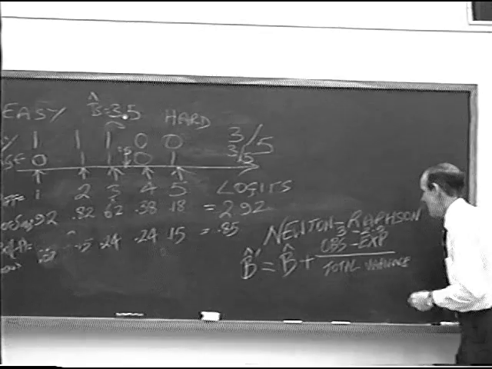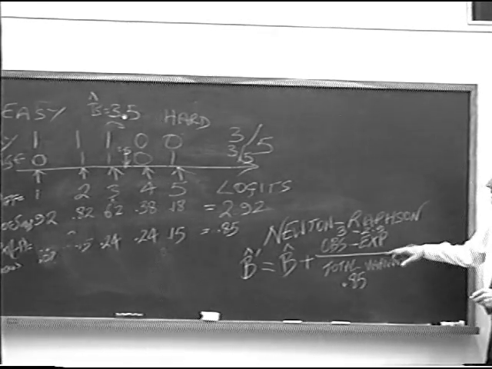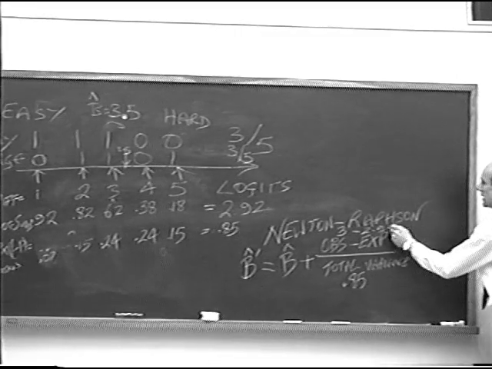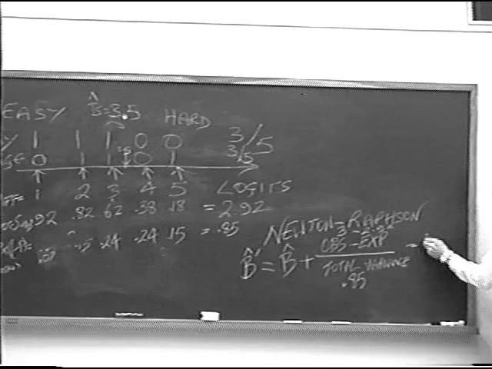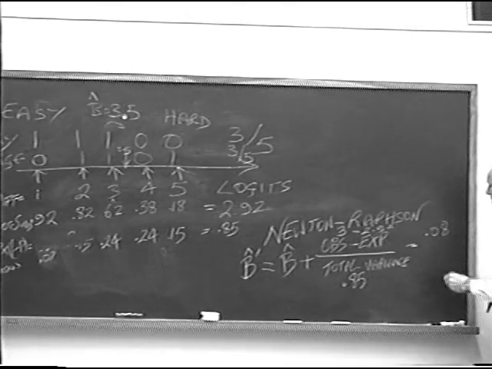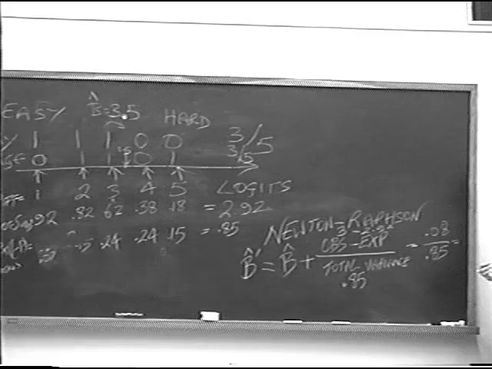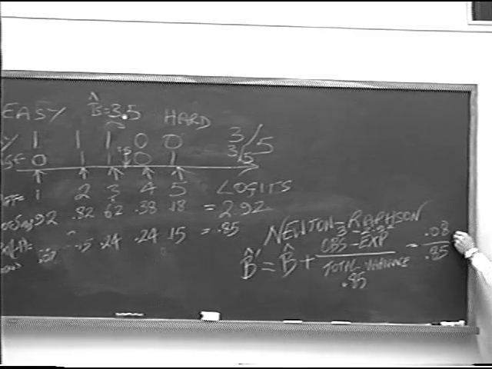So 3 minus 2.92, divided by 0.85, is about 0.09.